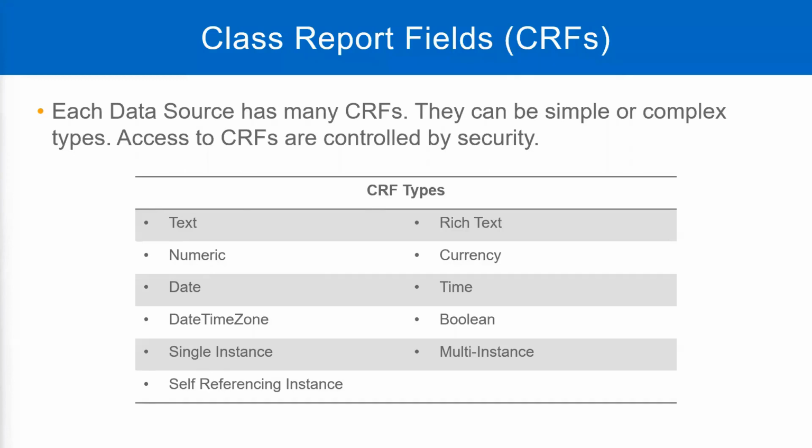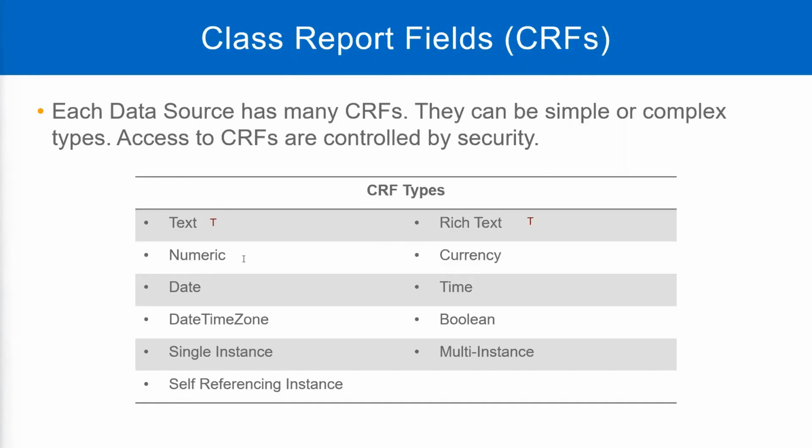Now I will also try to draw the icons that you would see. So for a text field, you would see the letter T next to it. On the name of the field, you will see the letter T. Again for rich text also, you will see the letter T next to it.